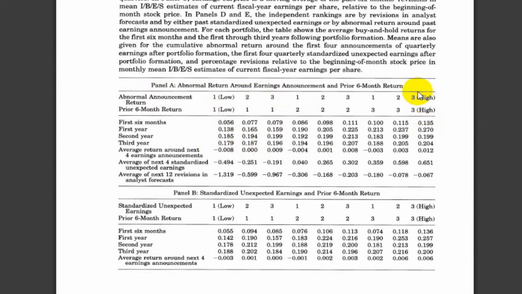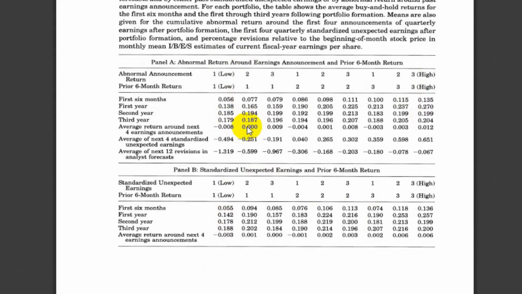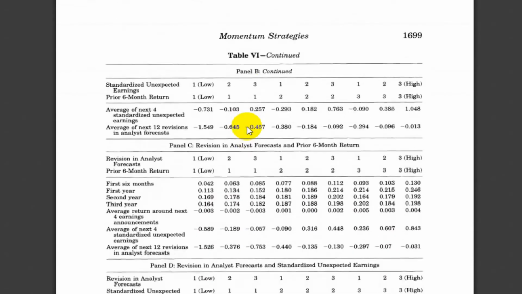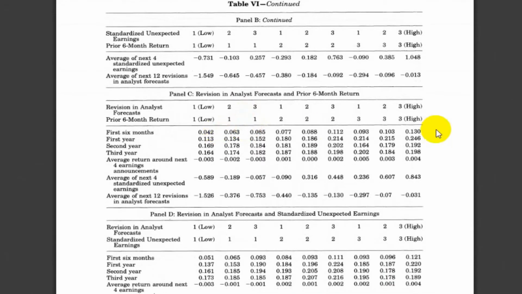We can see the returns of the highest ranked portfolio, the 3 and 3, is more than double the return of the lowest ranked portfolio of 1 and 1. This same occurrence happens with the SU, just like it did with the ranking by the abnormal return around the earnings announcements, as well as the analyst revisions.